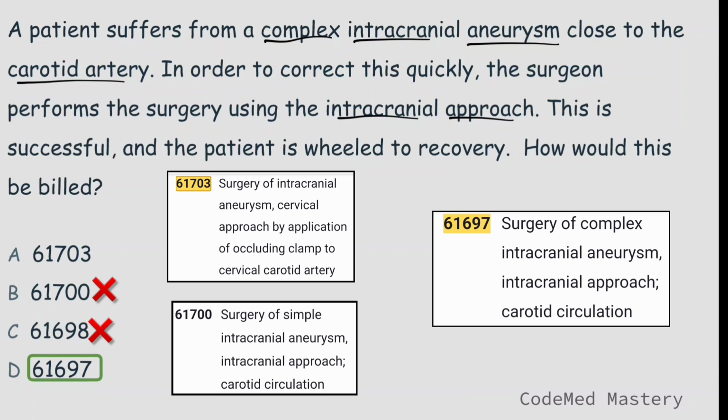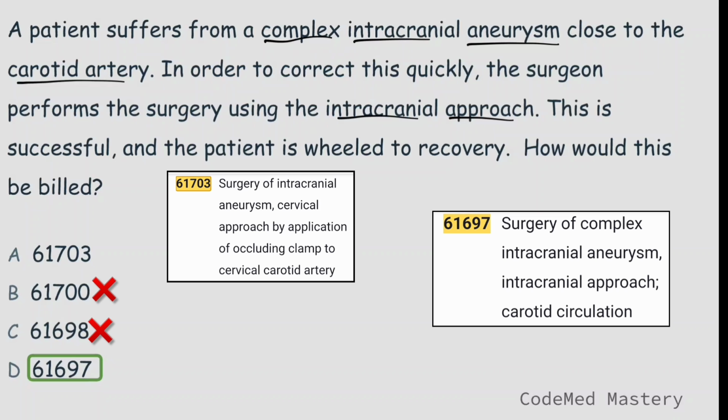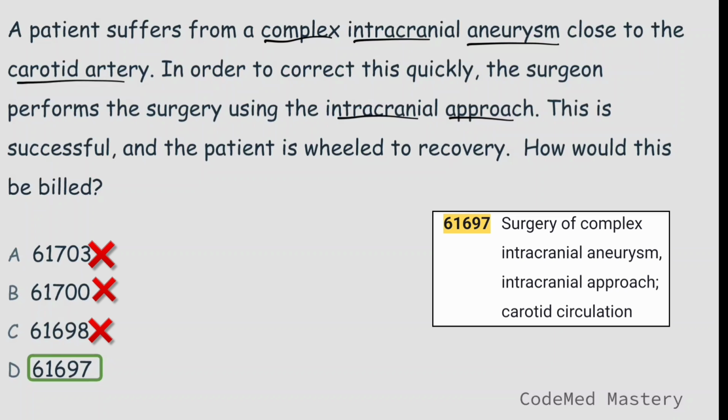So option B is also wrong. Option A, 61703, is for surgery of intracranial aneurysm, but it is for cervical approach, that will be around the neck. That is not matching the scenario, so eliminate option A. Option D is the right answer.